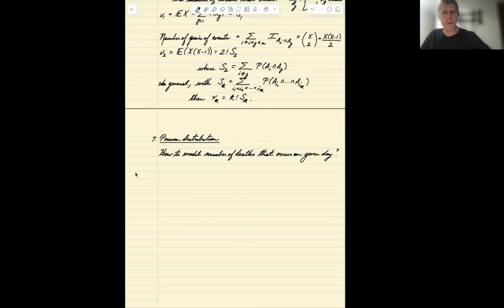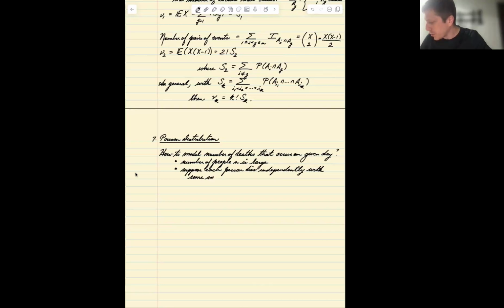So let's think about a situation in which the population is large. And let's suppose that each person dies independently with some small probability.